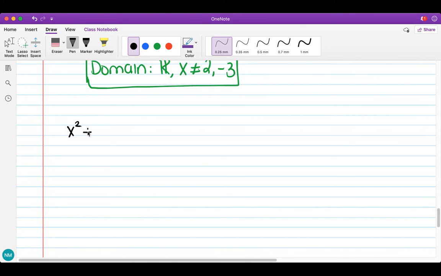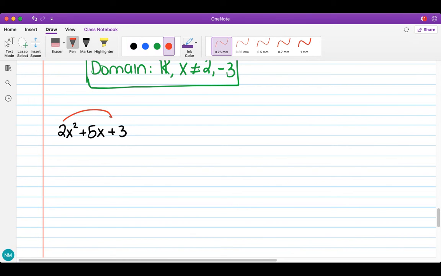So if I have like 2x squared plus 5x plus 3, right? So just a quick review.